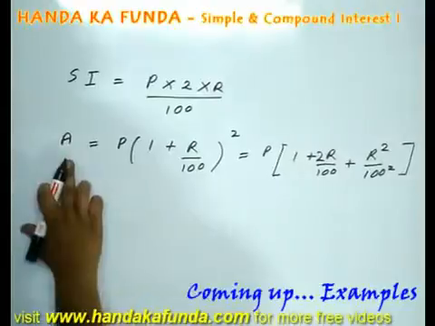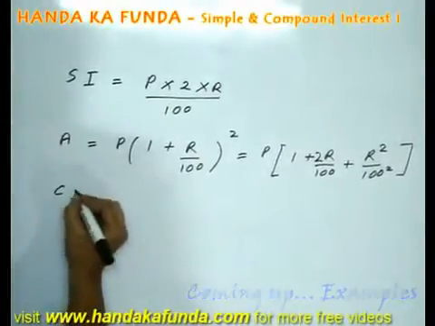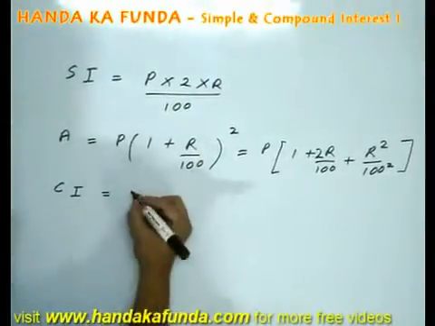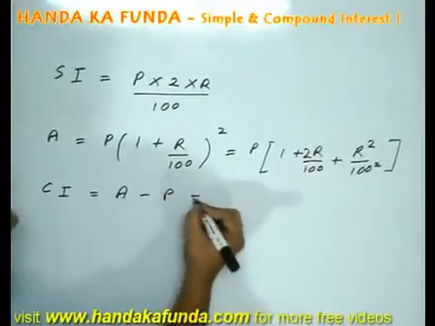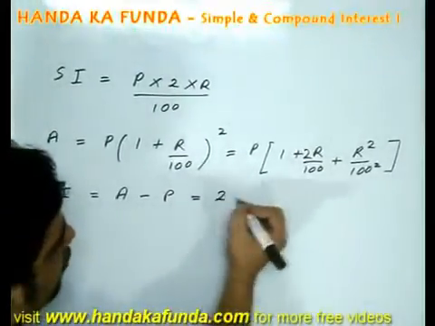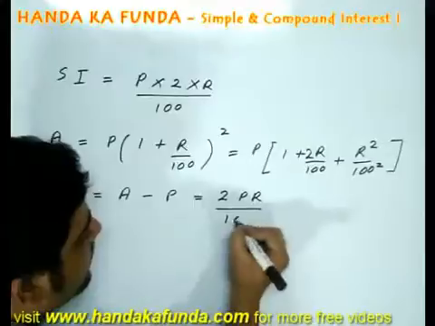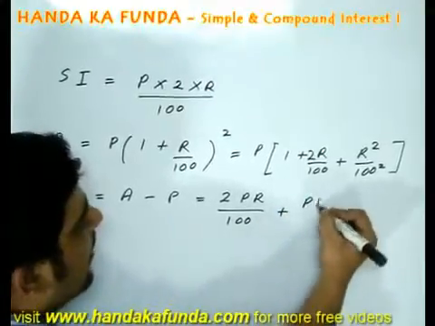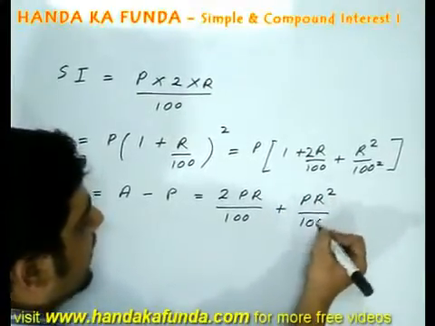This is my amount after 2 years. Compound interest after 2 years will be if from the amount I remove the principal. That is effectively 2PR by 100 plus PR square by 100 square.